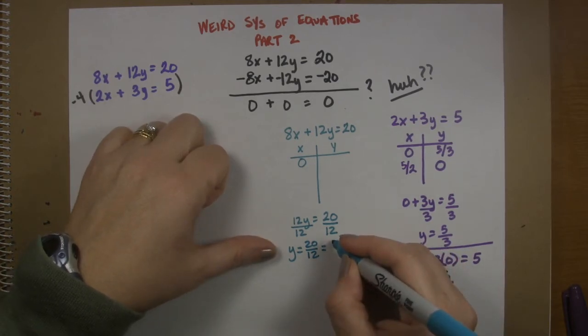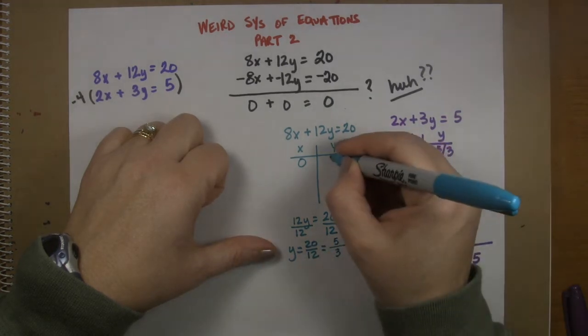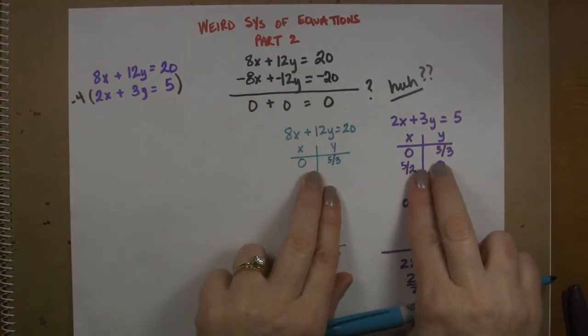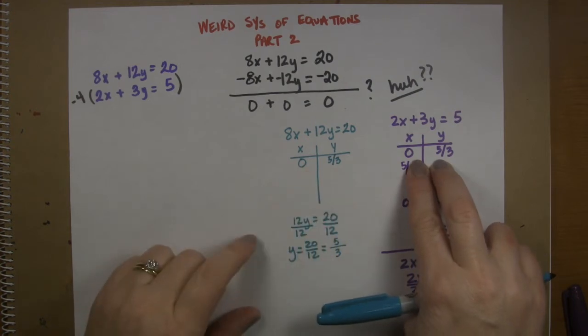I will divide it by 4. So 20 divided by 4 is 5. 12 divided by 4 is 3. And I get 5/3. You should start to see some similarities here. Do you see that? How that first point is true under both equations? We're starting to see some weirdness coming along, aren't we?